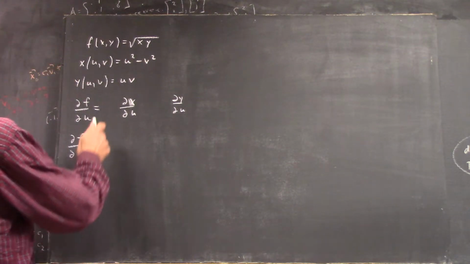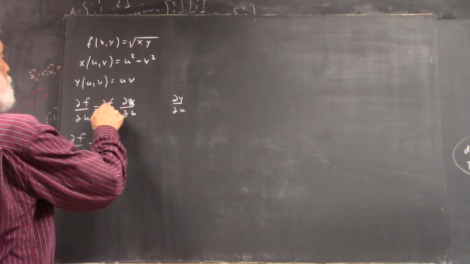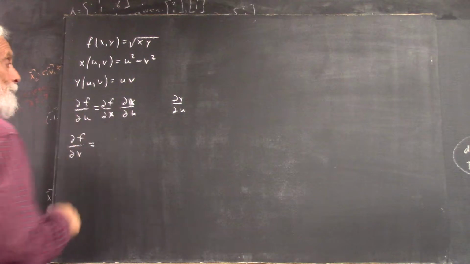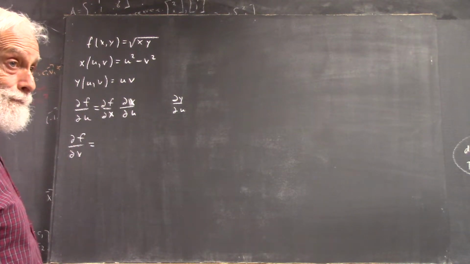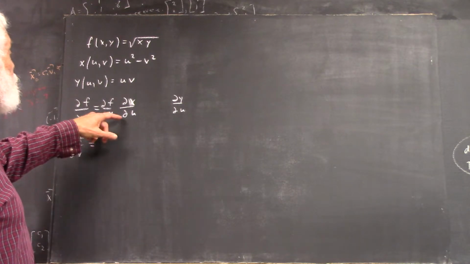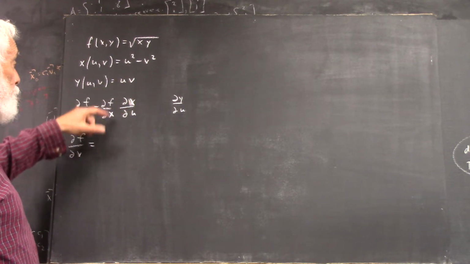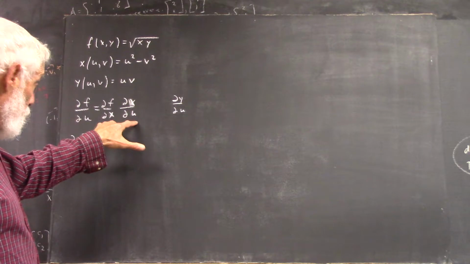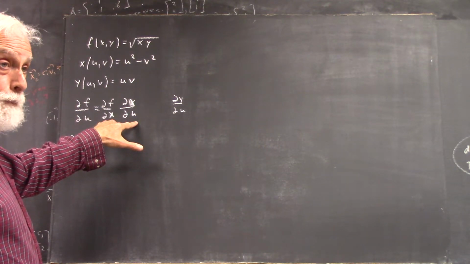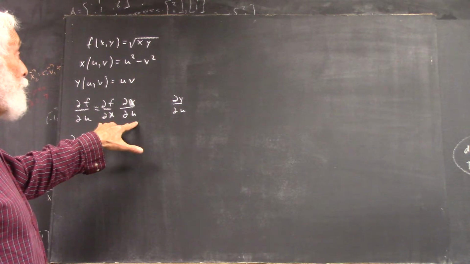So that means you're probably going to have a partial of f with respect to x. Right? Okay? So u causes a change in x, which in turn causes a change in f, and right there is the rate at which f changes with respect to u due to the change in x.